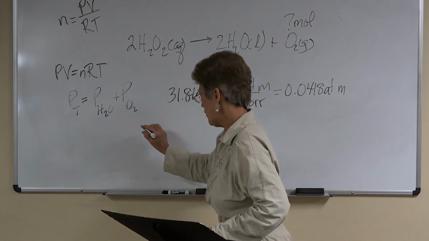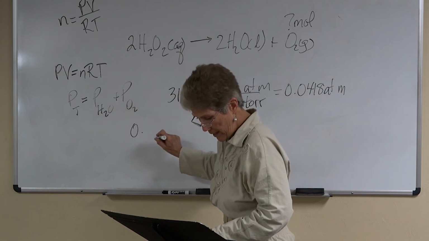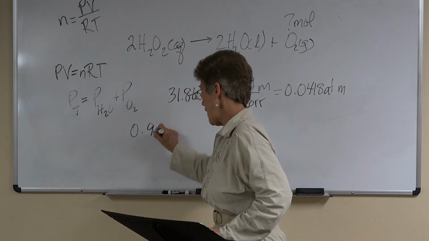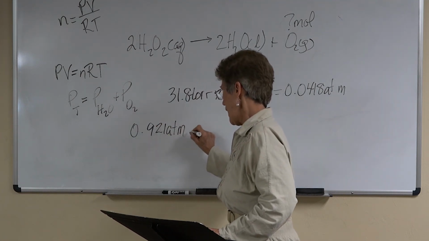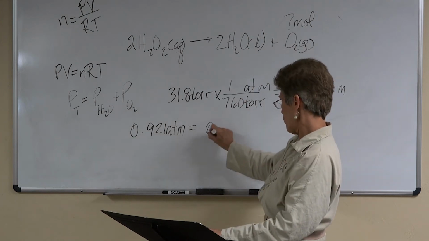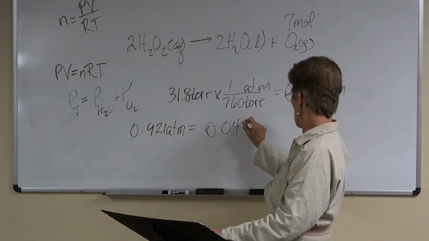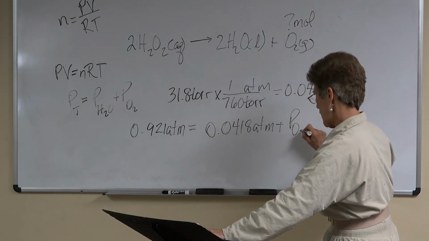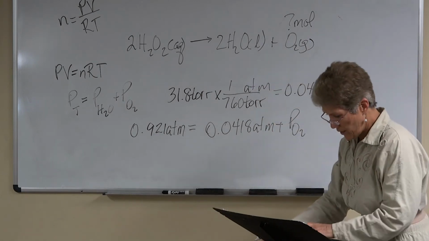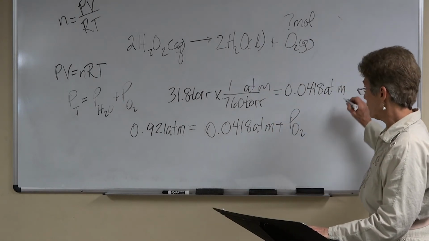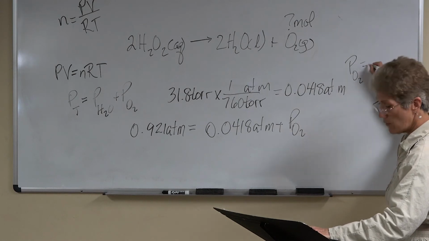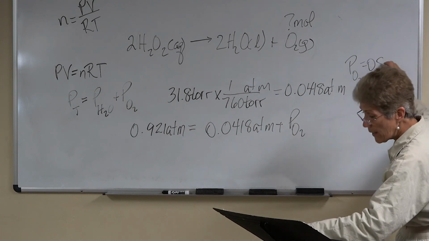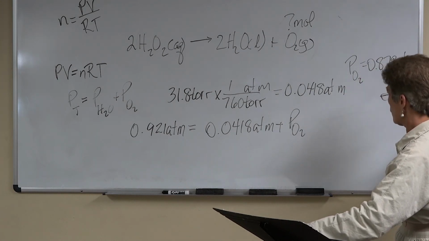The total pressure was given to us, so the total pressure is 0.921 atmospheres. And that total pressure equals the partial pressure of water, which we just converted to atmospheres, plus the partial pressure of the oxygen. So if you solve for this, the partial pressure of the oxygen equals 0.879 atmospheres.